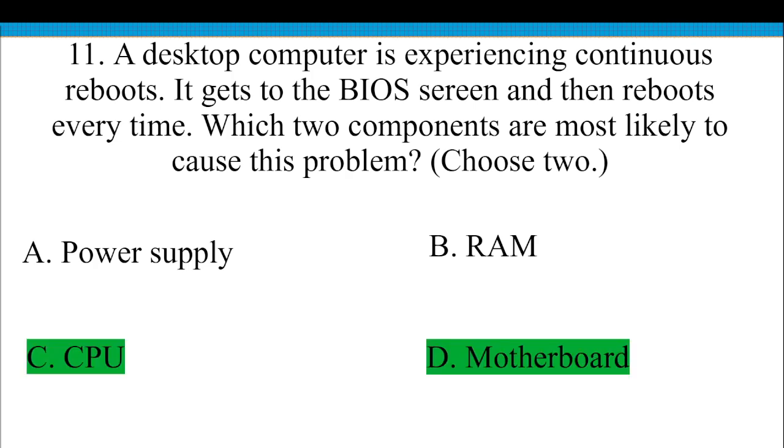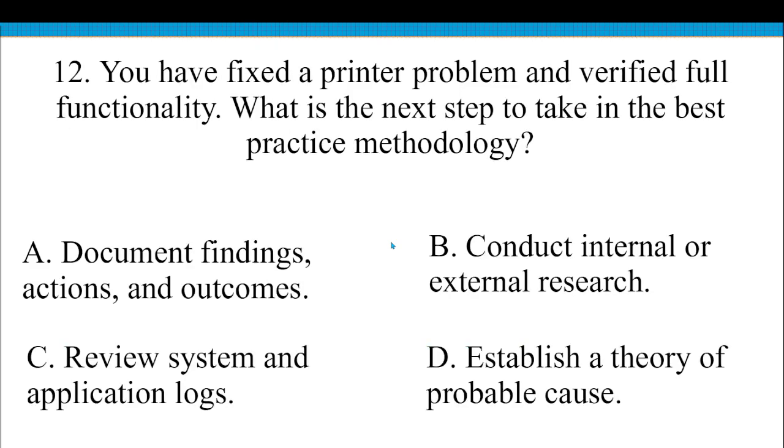The answers here are CPU and motherboard. You will always have to check the motherboard and the CPU to see if there's any issue there that's causing the problem, because of course it says continuous reboots. So maybe it's overheating or the CPU is not working properly.